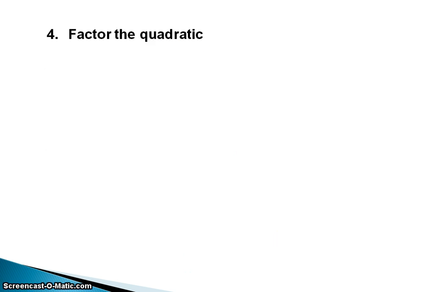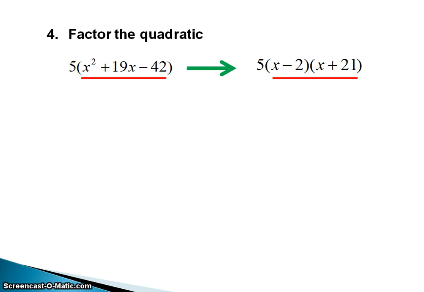Step 4, we're going to factor our temporary quadratic. Now our temporary quadratic ended up being x squared plus 19x minus 42. We're going to factor that by finding two numbers that multiply to be -42 and add to be plus 19. And it happens they are -2 and plus 21.